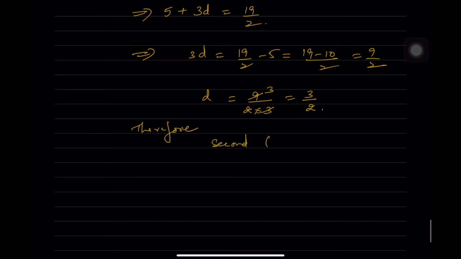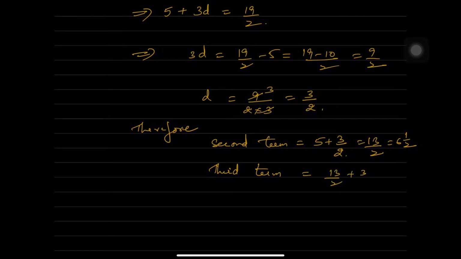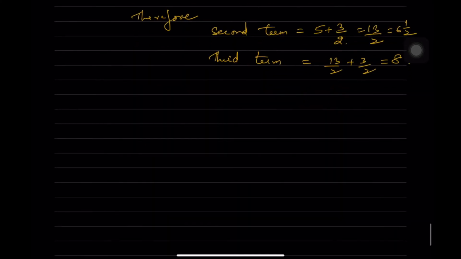second term is equal to 5 plus 3 by 2, which is equal to 13 by 2, which is equal to 6 1 by 2. And third term is equal to 13 by 2 plus 3 by 2, which is equal to 8.